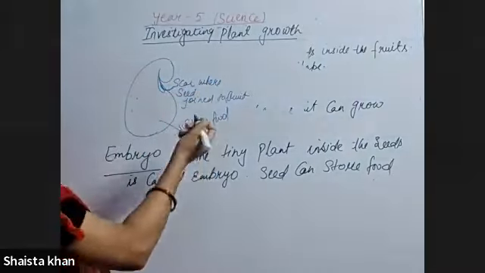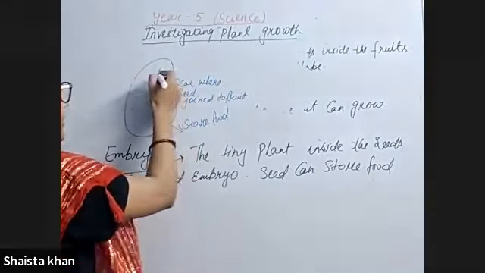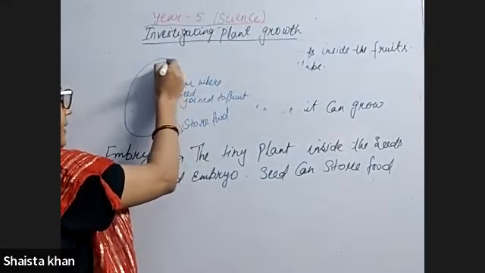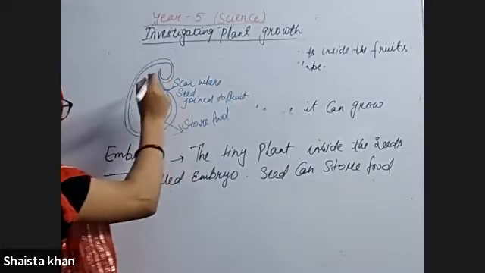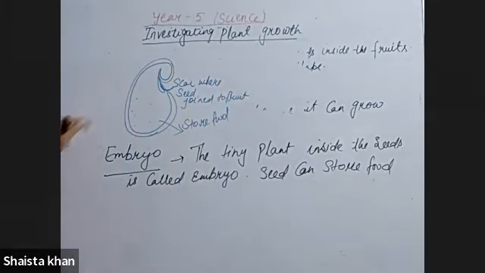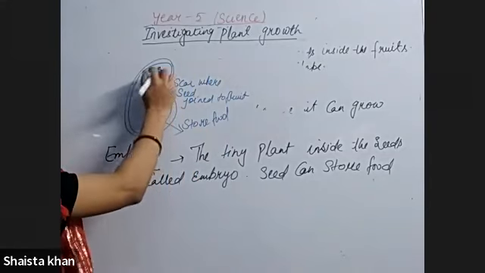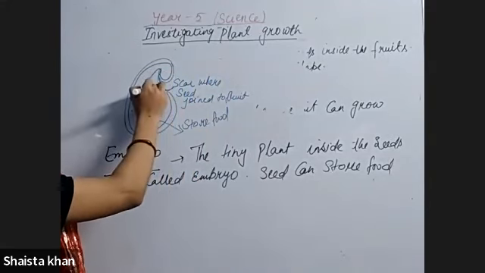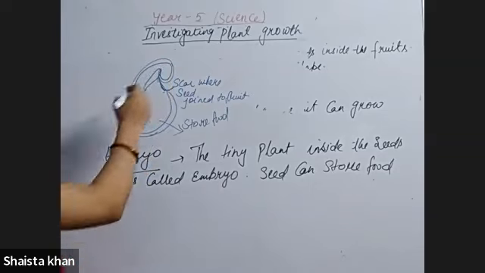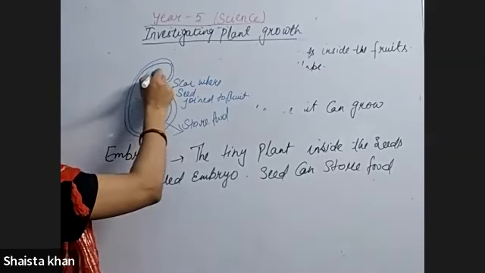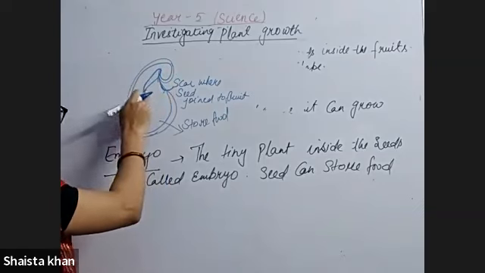If you draw a particular diagram, there is another layer on the seed. And from here, the seed starts growing into a plant.